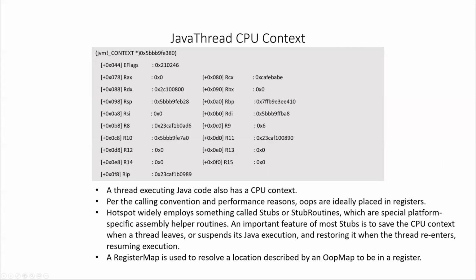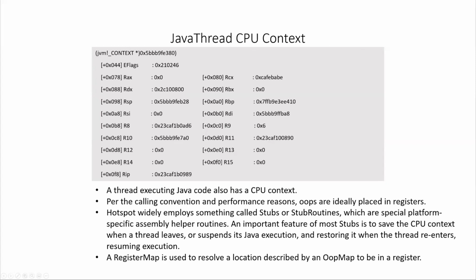A thread executing Java code also has a CPU context. And per the calling convention and for performance reasons, the OOPs are ideally placed directly into registers by the register allocators. HotSpot widely employs something called stubs or stub routines, which are special platform-specific assembly helper routines.